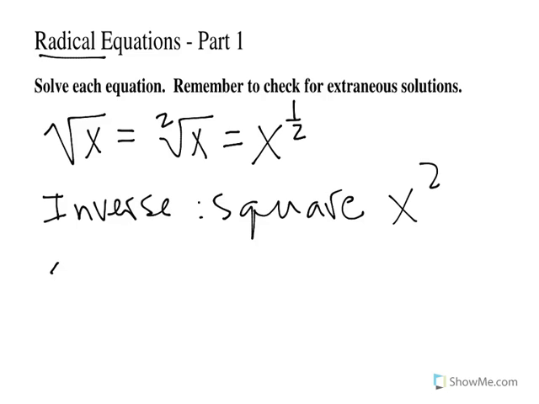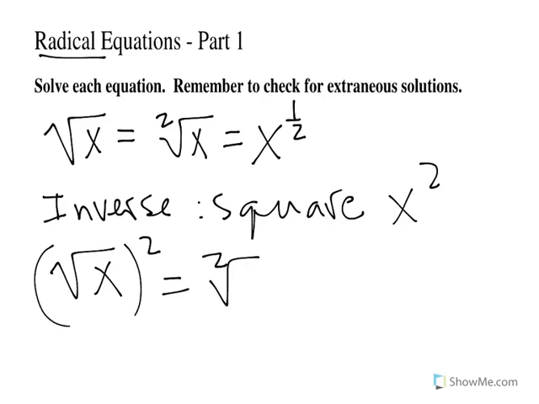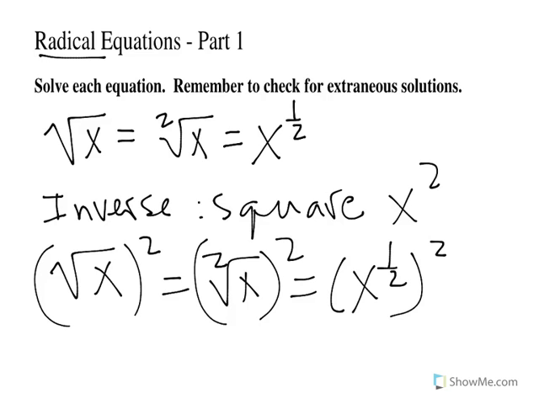In order for us to eliminate the radical, we raise it to the square power. So this is the square root of x raised to the 2nd power, or x to the 1/2 raised to the 2nd power. This means 1/2 times 2, which is 1, so that gives us x to the 1st power.